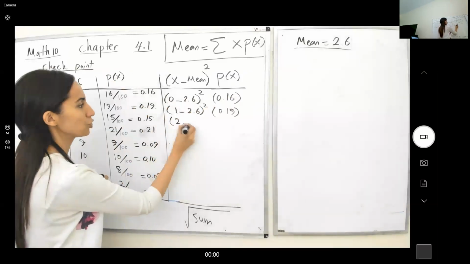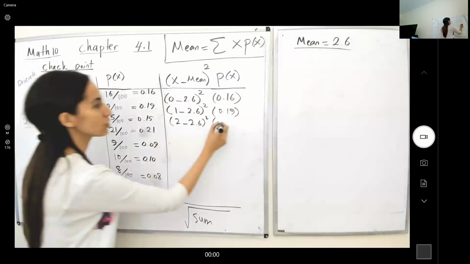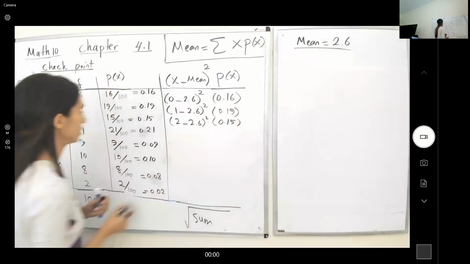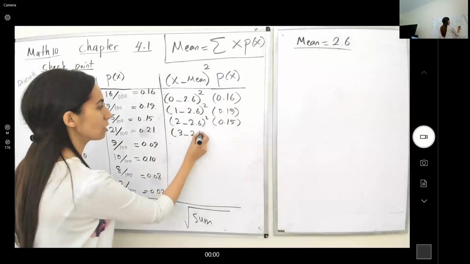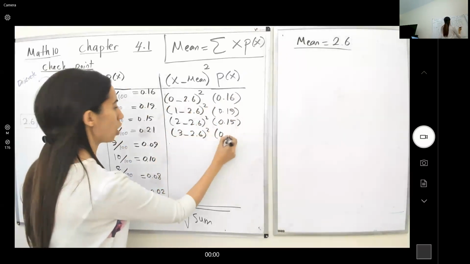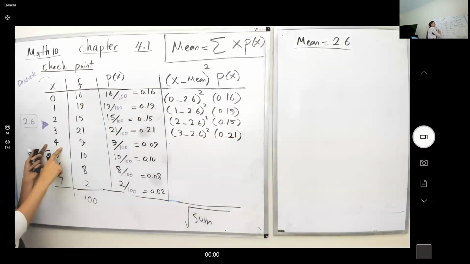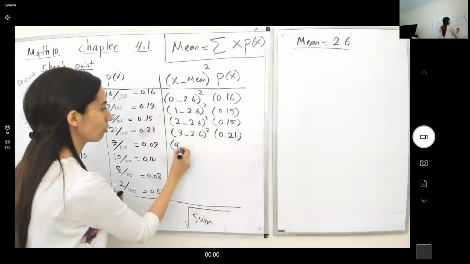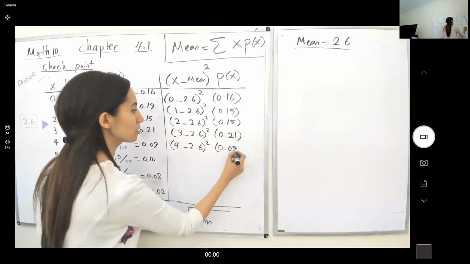So I have 2 minus 2.6 squared times its probability, 0.15. My next x is 3. So I have 3 minus 2.6 squared times 0.21. My next x is 4. So I have 4 minus 2.6 squared times 0.09.